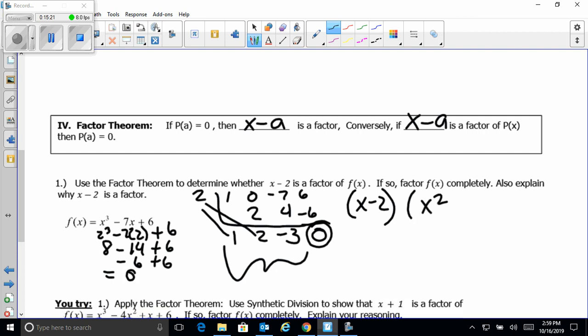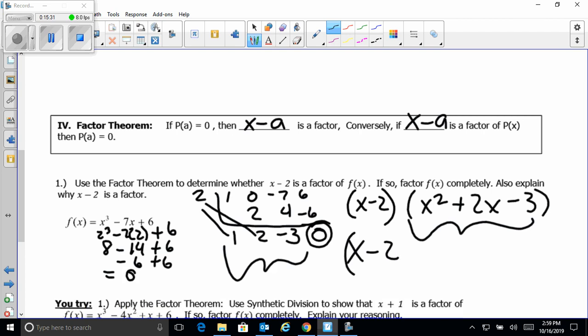X squared plus 2x minus 3, which then we can factor using what we learned in Algebra 1 and Algebra 2, looking for factors of negative 3 that add to give me 2. So that's going to be x minus 3, and then those are our factors.